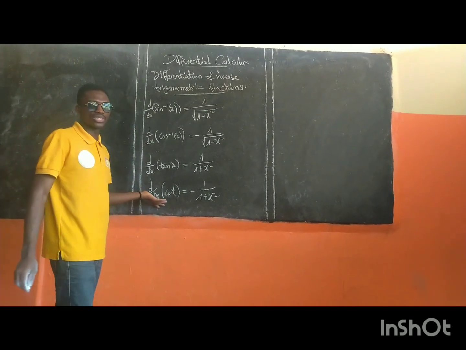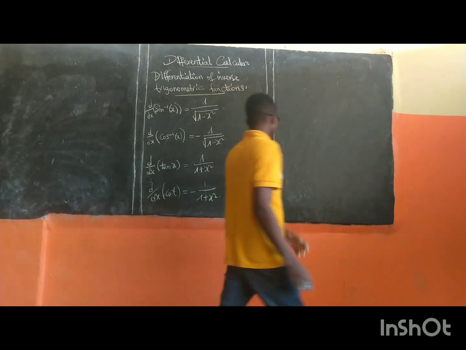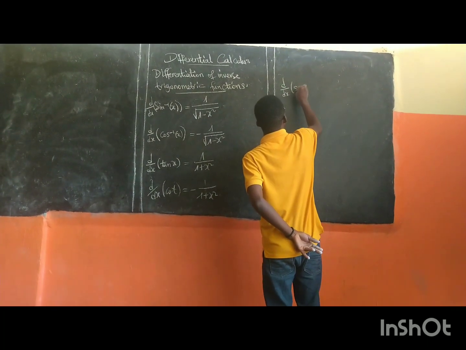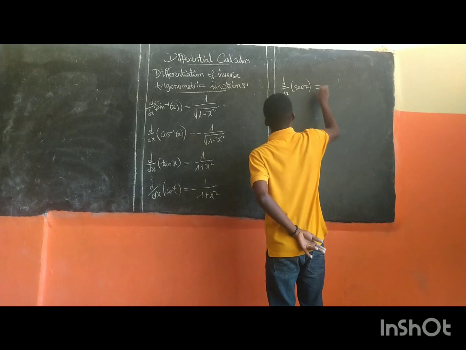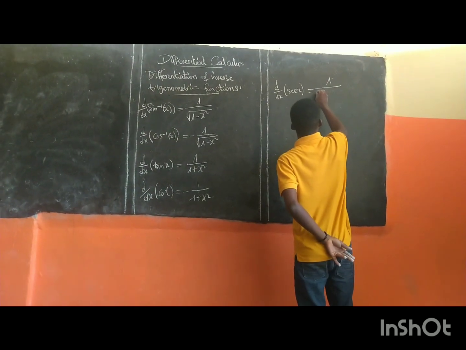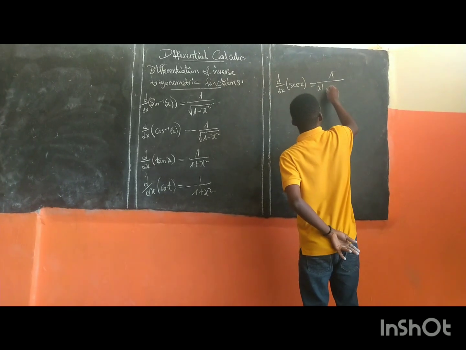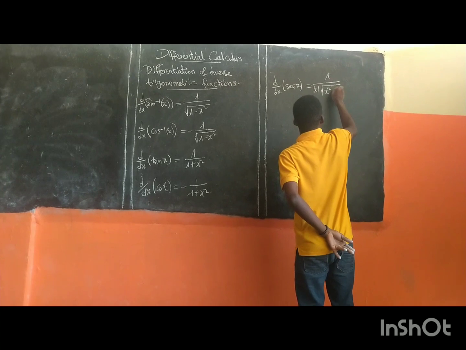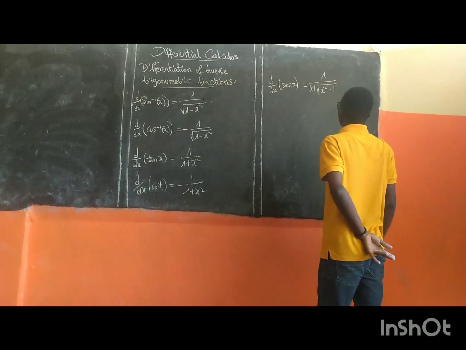Then now let's talk about sec x. The derivative of sec inverse x with respect to x is equal to 1 over the absolute value of x times the square root of x squared minus 1.